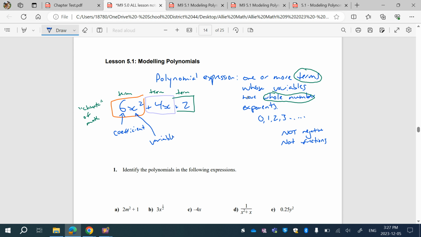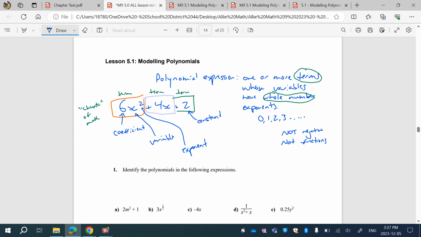Another one, right here, is our exponent. And this one right here that is not being multiplied by any variable is called a constant. It doesn't change. These ones can fluctuate depending on what our value for x is, but this one is a constant. It's never going to change.